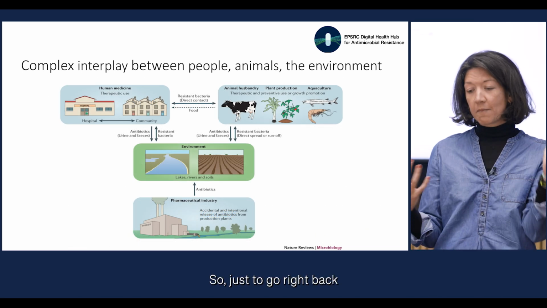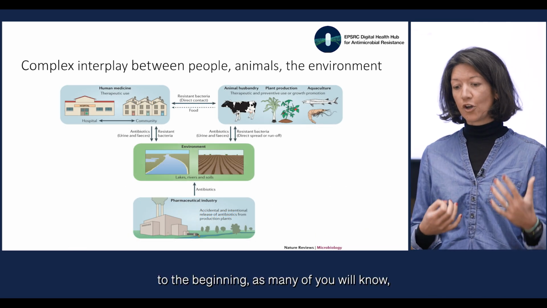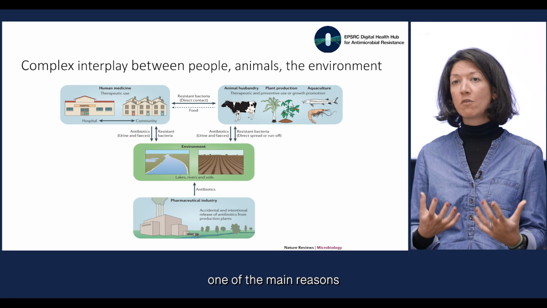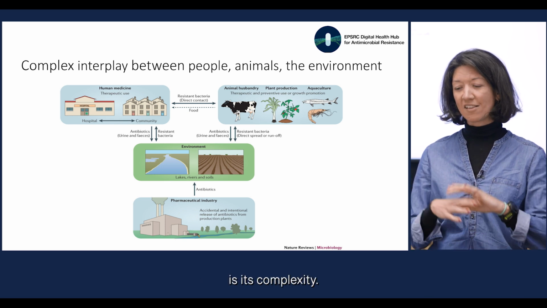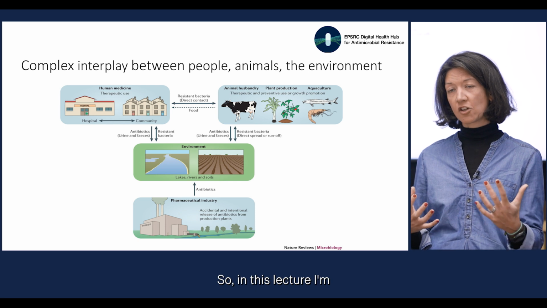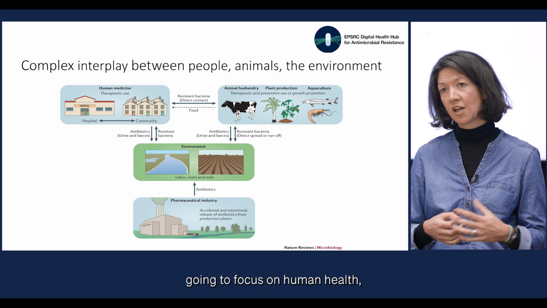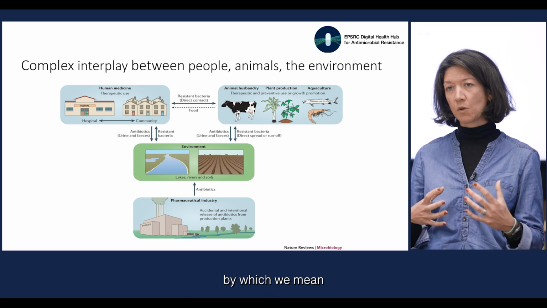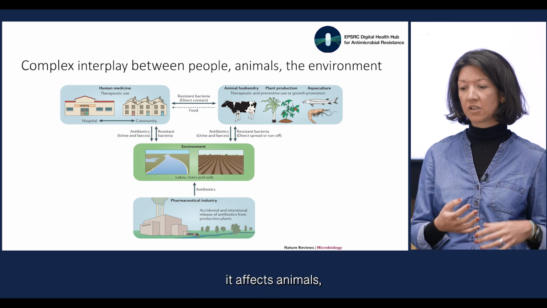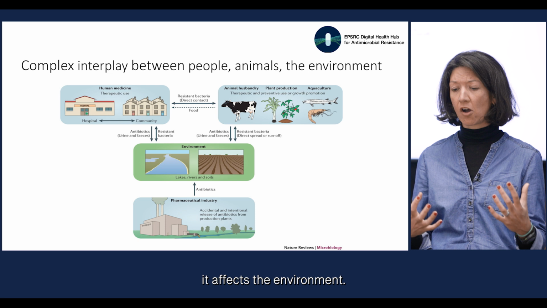Just to go right back to the beginning, as many of you will know, one of the main reasons why it's so difficult to tackle the problem of antimicrobial resistance is its complexity. In this lecture, I'm going to focus on human health, but we know very clearly that AMR is a One Health issue, by which we mean it affects people, it affects animals, it affects the environment.